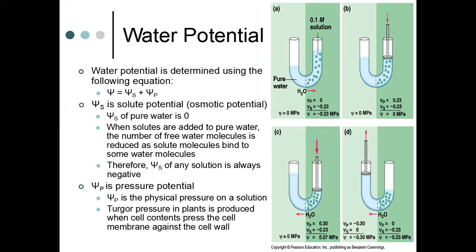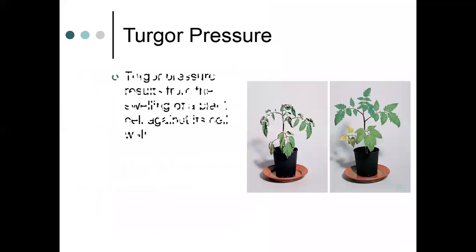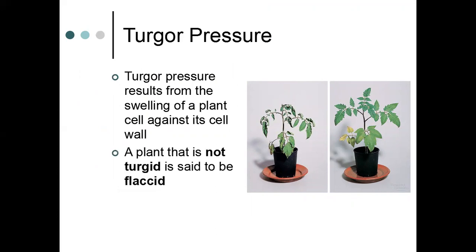The amount of water present in the cell puts pressure on the cell wall. It means that the pressure produced on the cell wall by the inner water is termed turgor pressure. Turgor pressure results from the swelling of the cell against its cell wall. A plant that is not turgid is said to be flaccid.